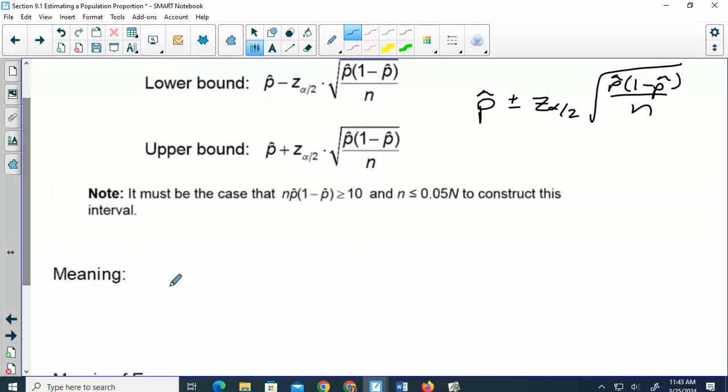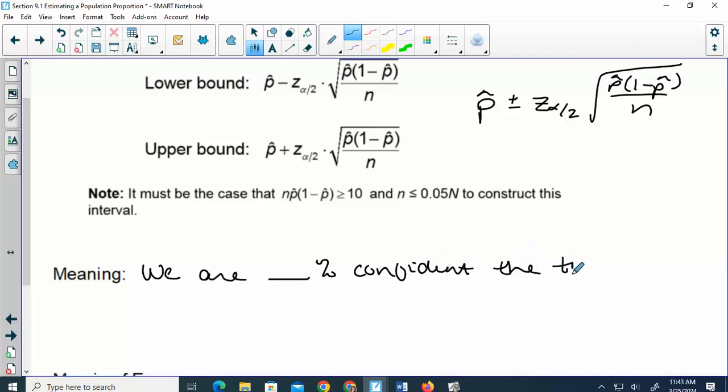So when we make these confidence intervals, it means we are whatever percent confident the true value is between the upper and lower limits.